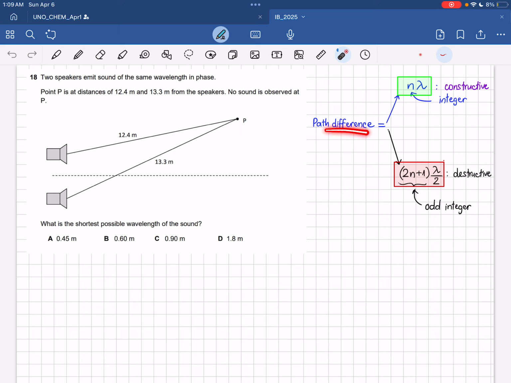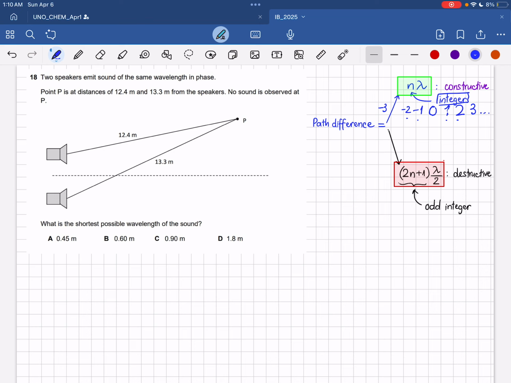If the path difference equals an integer times lambda, where lambda is the wavelength, then n can equal 0, meaning there's no difference between the two paths, or it can be 1, 2, 3, and so on. It can also be -1, -2, -3, as long as it's an integer.